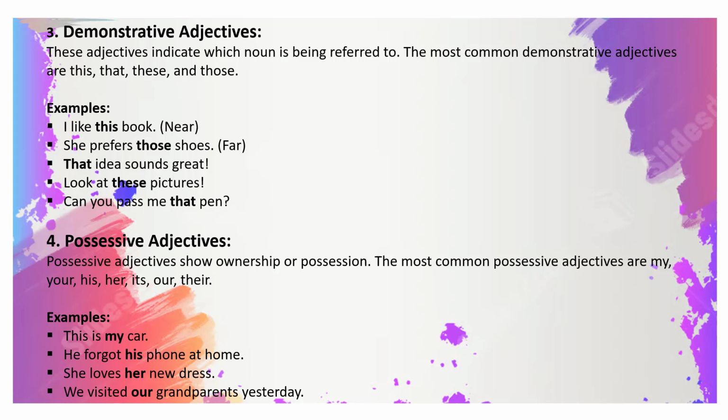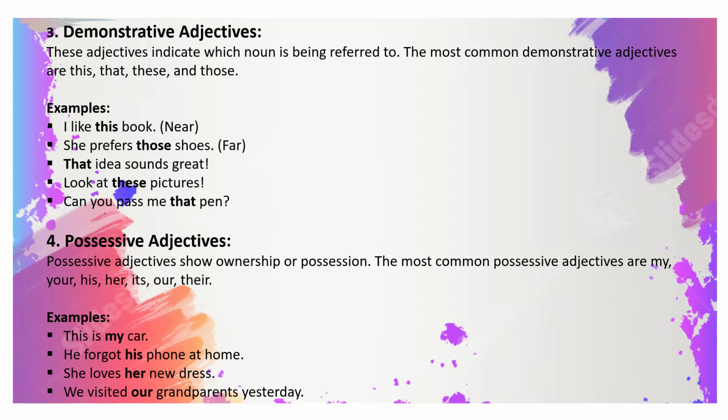Third is the demonstrative adjective. These adjectives indicate which noun is being referred to. The most common demonstrative adjectives are this, that, these, and those. Basically, these adjectives are used to point out the noun or pronoun. For example, I like this book. She prefers those shoes.